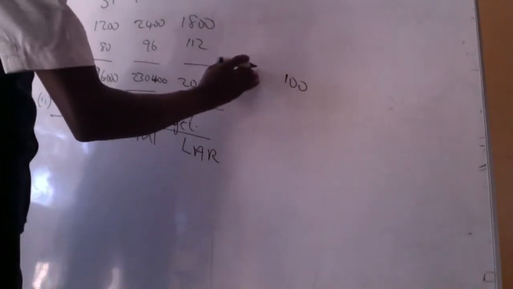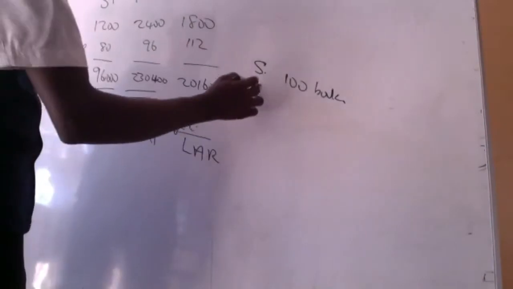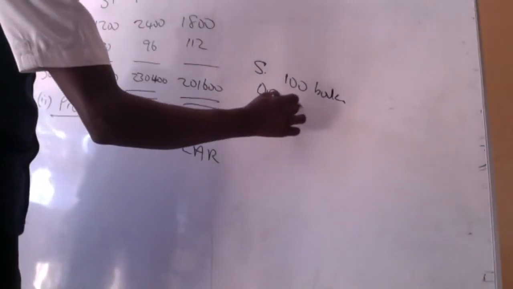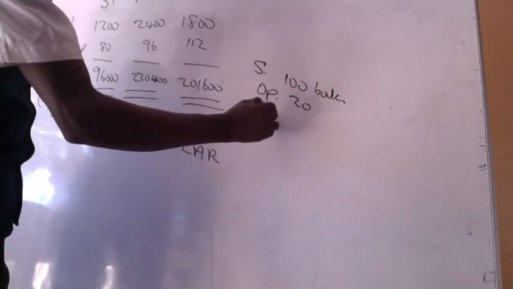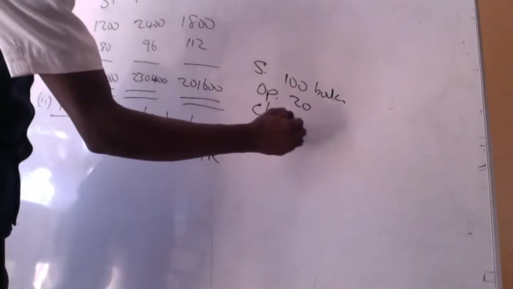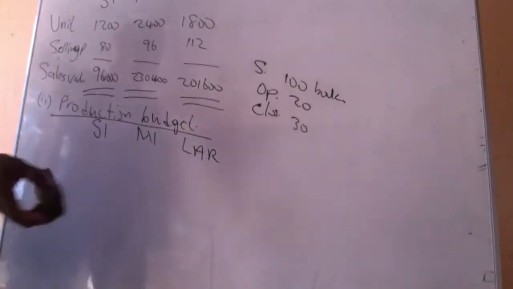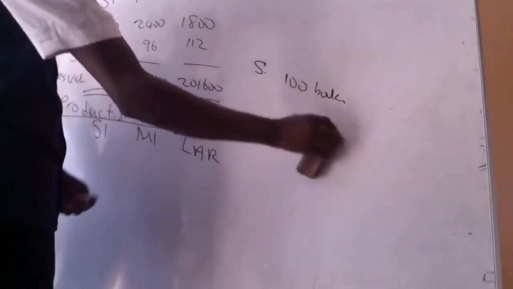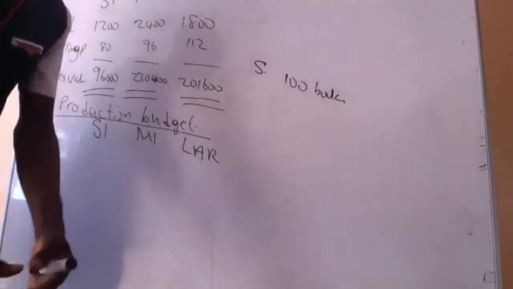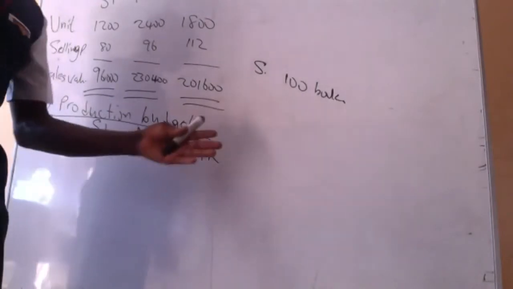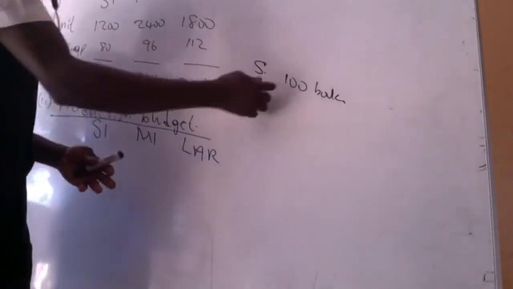You want to sell 100 books, but there's some open inventory: you already have 20 books there. And then after selling, you have to leave, let's say, 30 books. So how many books are you going to produce? Let me start like this. You have 100 books there. How many books should you produce so that you can sell 100 books? It should be 100, right? Yes, you have to produce 100 so that you can sell 100.